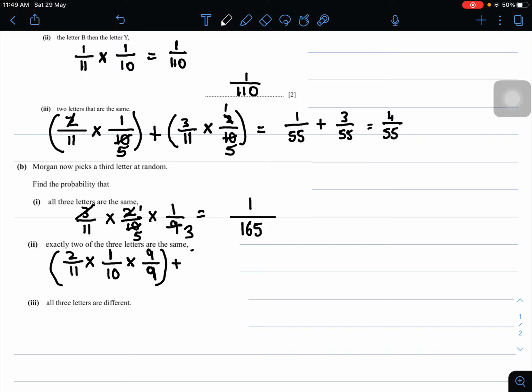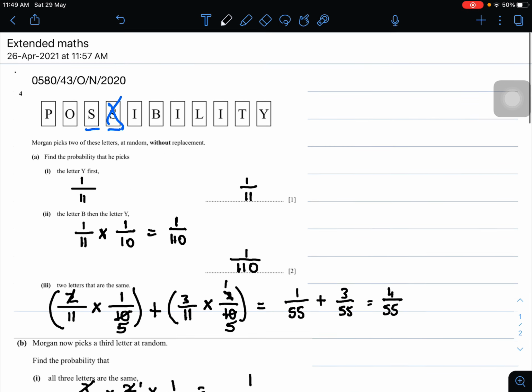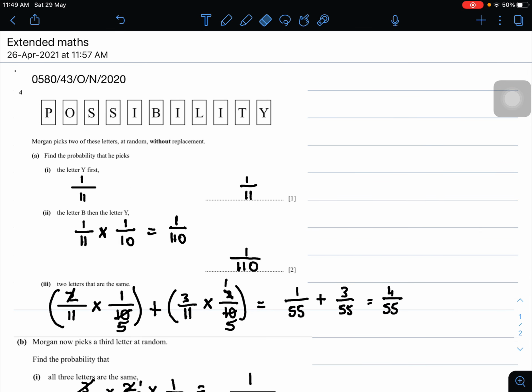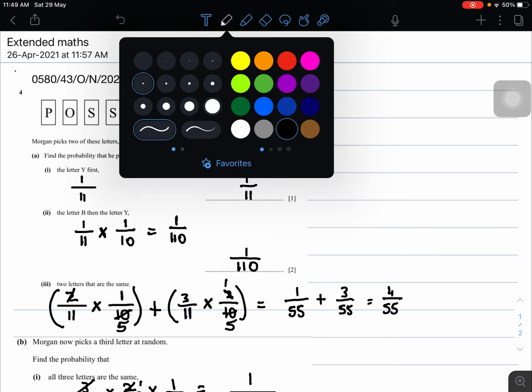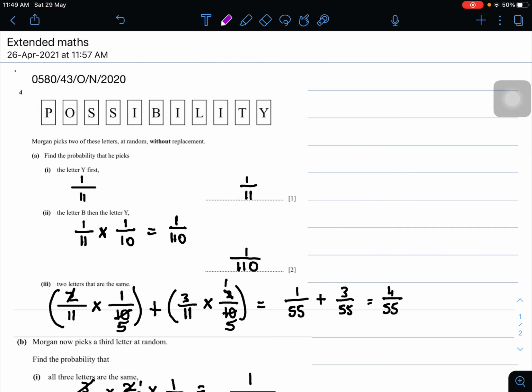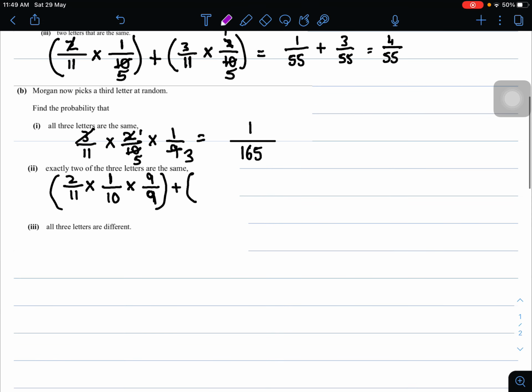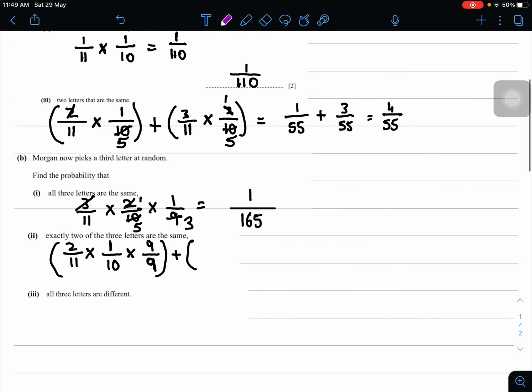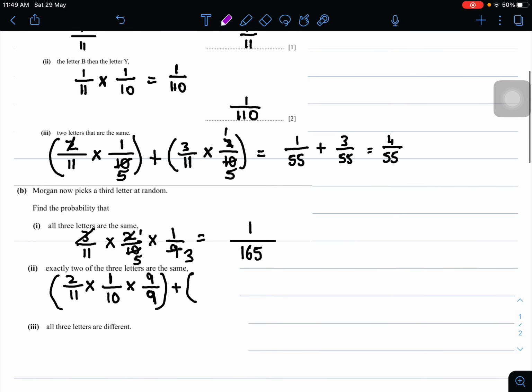Now let's move on to the second scenario, where you choose, let's take purple, 2 I's out of the 3, and the remaining of the 8 letters, because you want exactly 2 of the 3 letters to be the same.